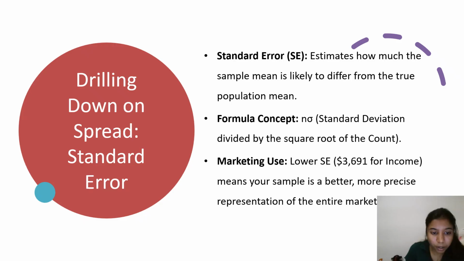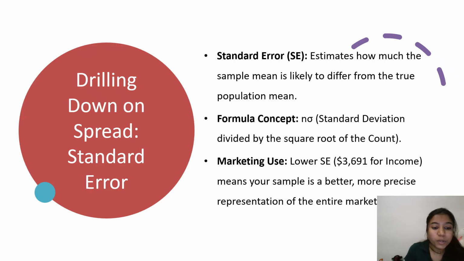Two other important measures of spread are sample variance and standard error. Variance is nothing but the standard deviation squared, while mathematically useful for further analysis.